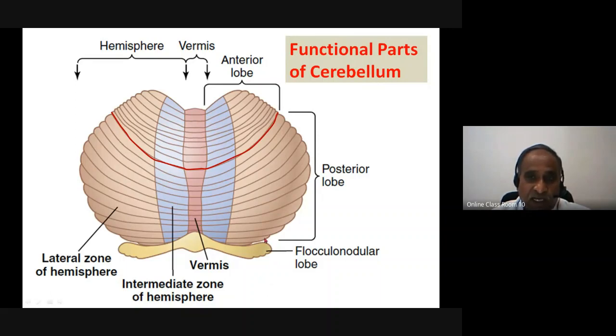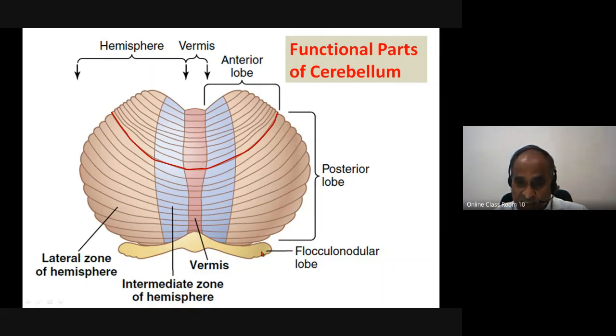So now I can functionally divide the cerebellum. I think for us as physiologists, we believe that the cerebellum is divided into three major functional areas. The one functional area which is very old is the archicerebellum, that is the flocculonodular lobe connected with the vestibular system, or vestibular cerebellum.